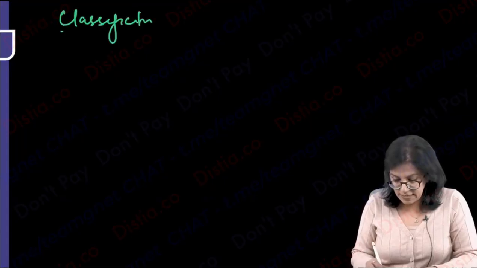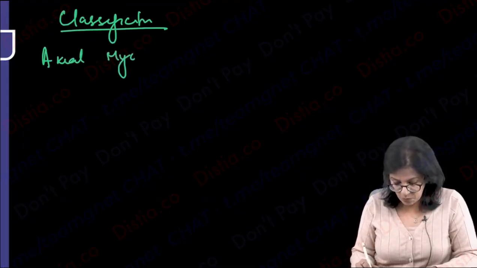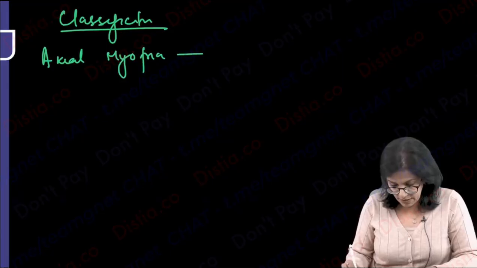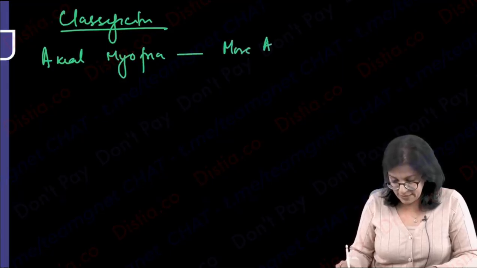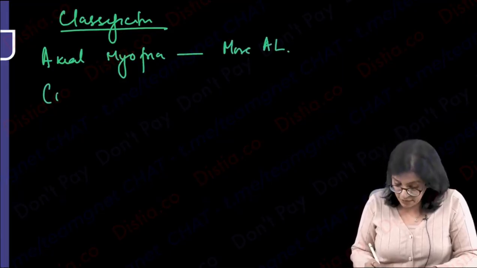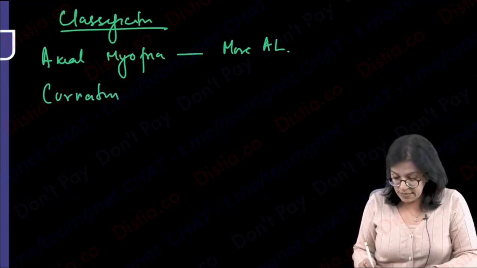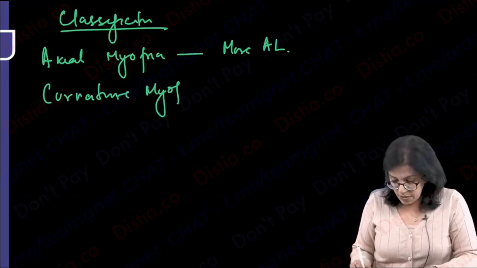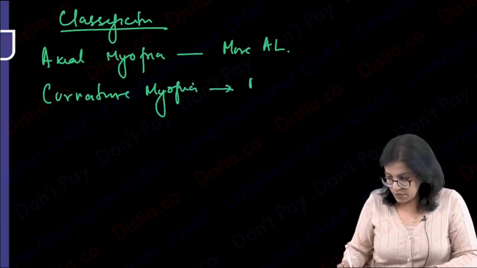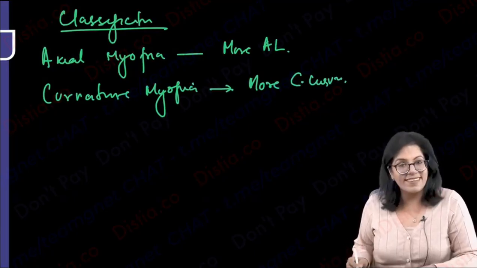We can classify it as axial myopia. When the axial length is more, we call it axial myopia. It can be curvature myopia, where more power is actually due to more curvature of the cornea. This is more corneal curvature, curvature myopia.